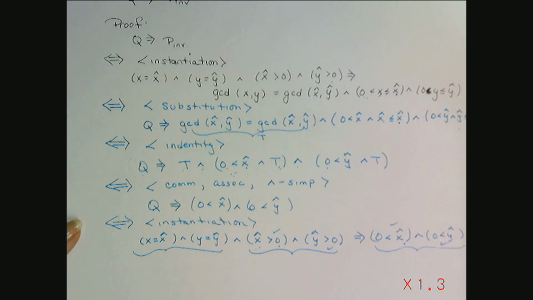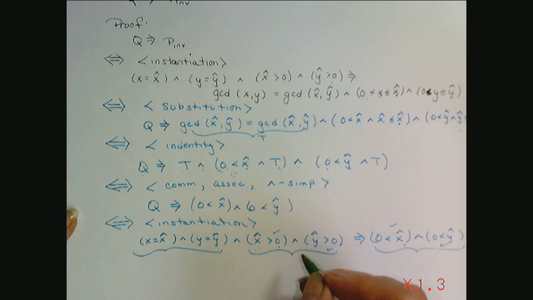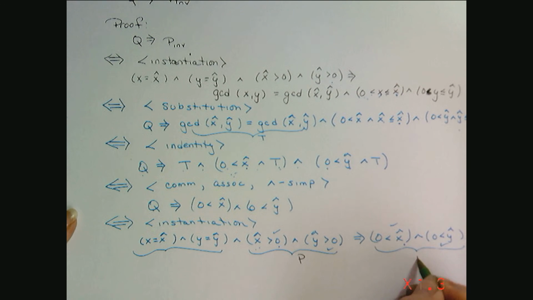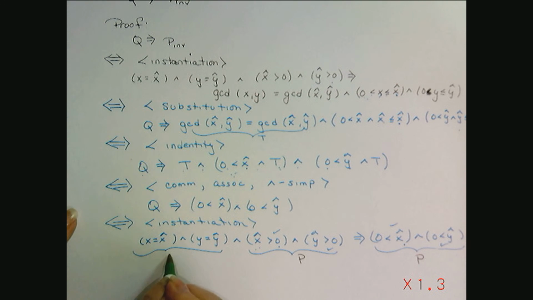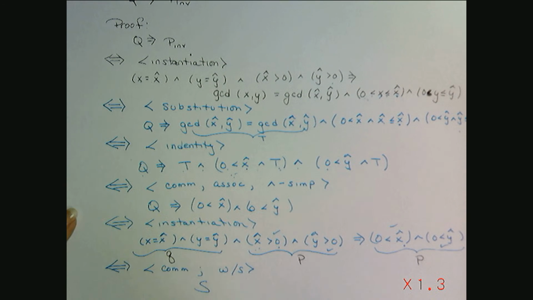But notice I can use weakening and strengthening, because if I think of this part that they have in common as being the predicate P, and the part that the precondition has that the invariant didn't, through simplification, have, it turns out that we have things in the form of P and Q implies P. So by the commutative property, if I want to reorder, and by weakening strengthening, I'm done.